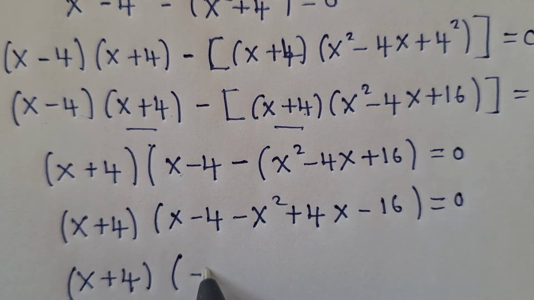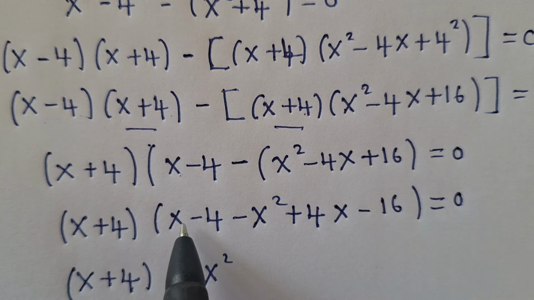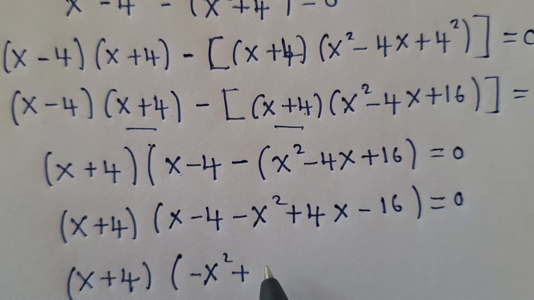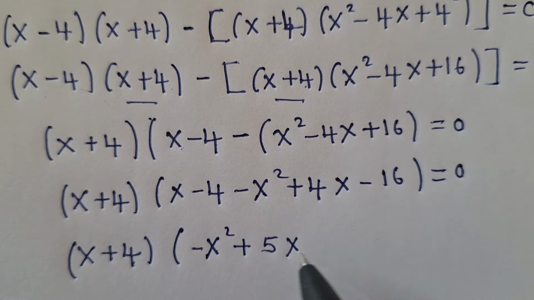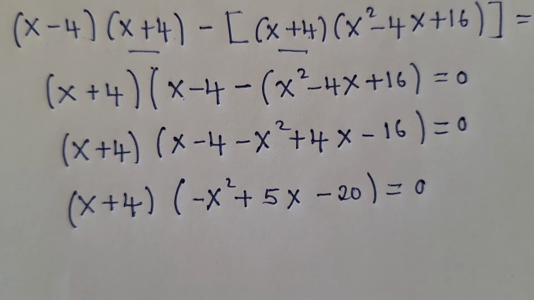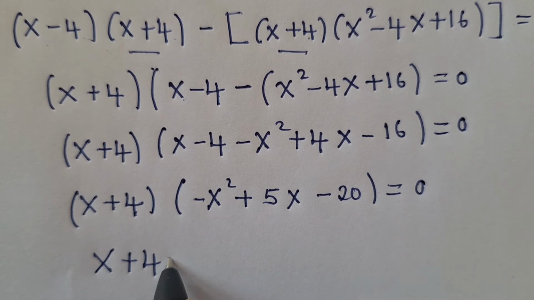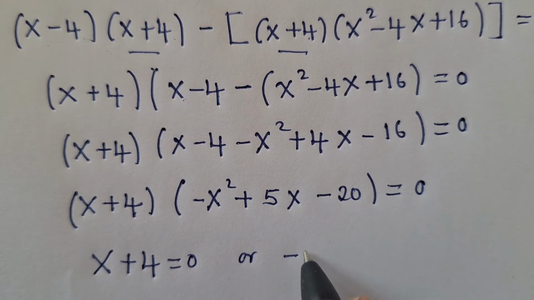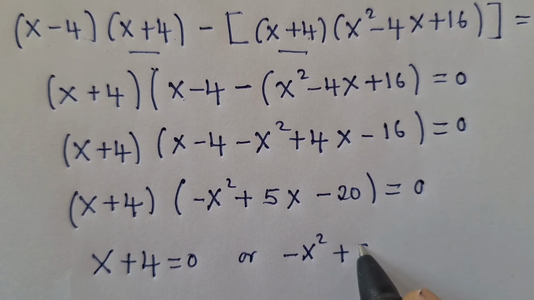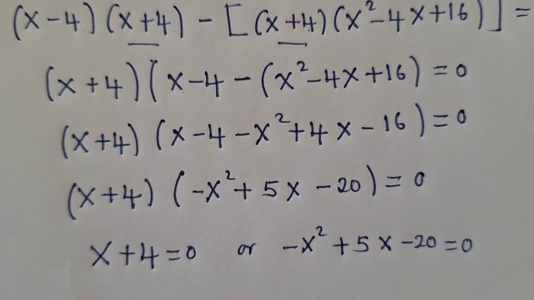Here it will be negative x^2, and then these will give us a positive 5x - 20 = 0. So now we can say x + 4 = 0, or -x^2 + 5x - 20 = 0.